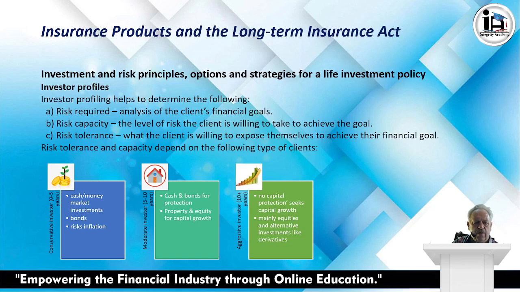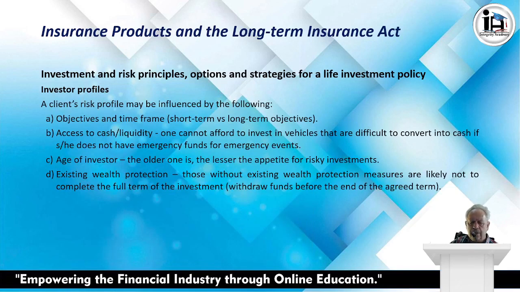Here you can also invest in cash and bonds for protection, and then property and equity for capital growth. And then your aggressive investor is willing to invest their money for 10 years plus. There's no capital protection and they seek capital growth. Mainly equities will be an attractive investment, and even derivatives would be an attractive investment for these clients.